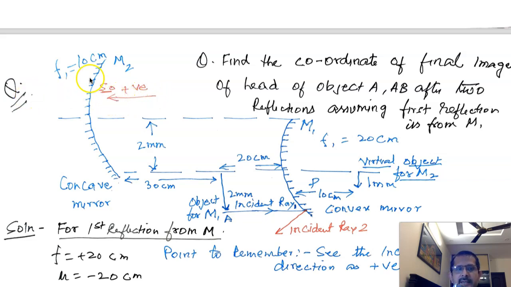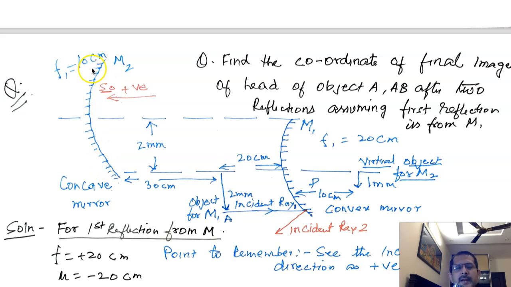Why not the other direction? Because this is polished any which ways, so it's coming this way. Otherwise I can say, after hitting this mirror it will go this way, and the direction is the same, so this direction is positive.